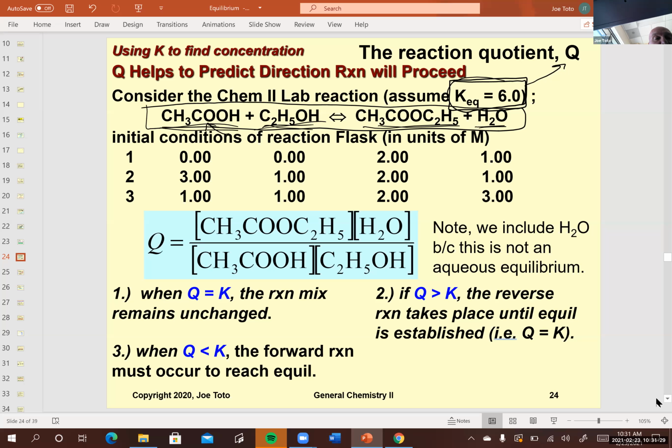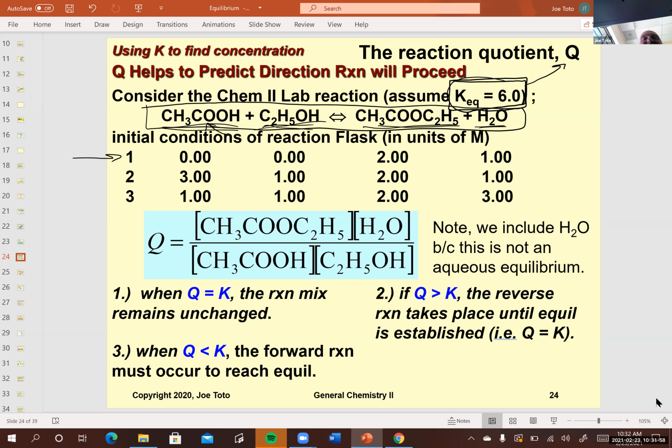But this first one isn't an application of Q. This is the one that we've been using all along because it has zeros in it. So can anybody tell me which way the reaction is going to shift for initial conditions for experiment 1? To the left. Yeah, it's got to go to the left, right? I mean left, correct? Yes.